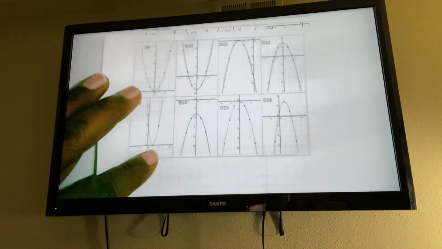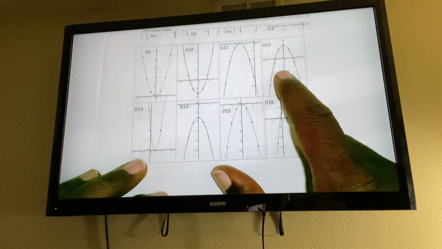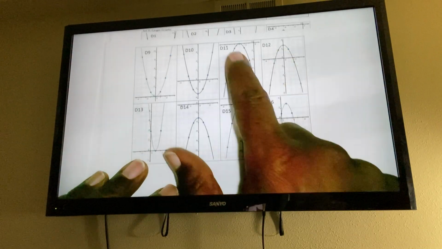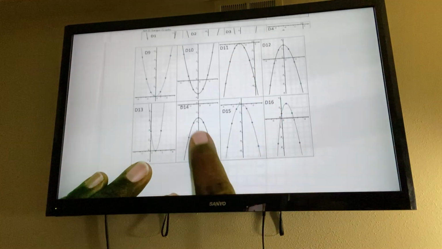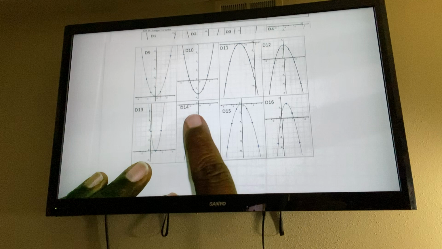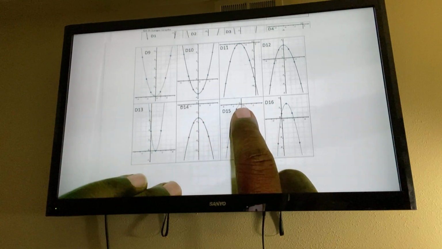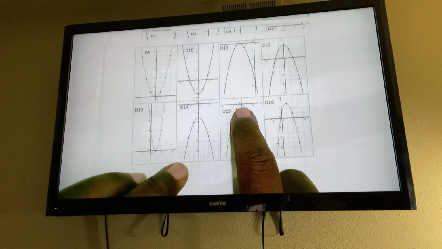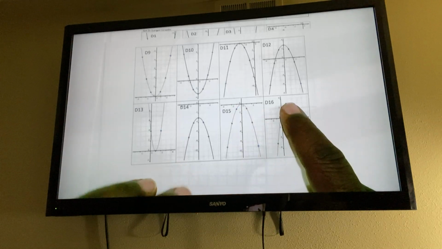Okay. We had D12, we already used it, but to check it anyway, different vertex. No vertex of -4, -1 here. No vertex of -4, 1 here. This vertex is 0, 0. This vertex is 1, 3.